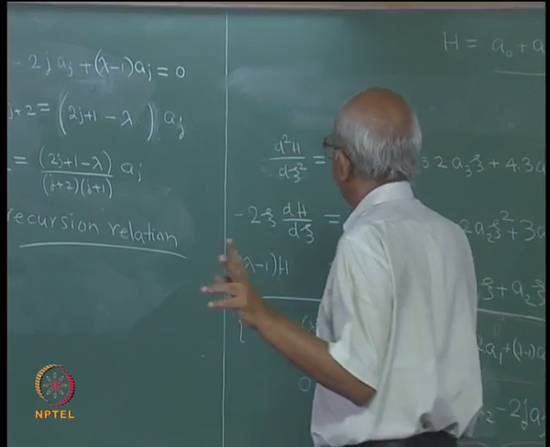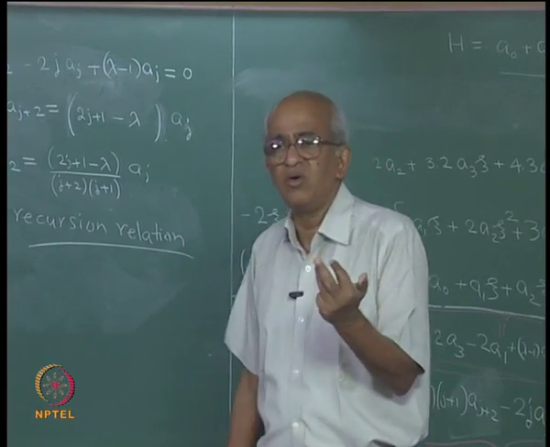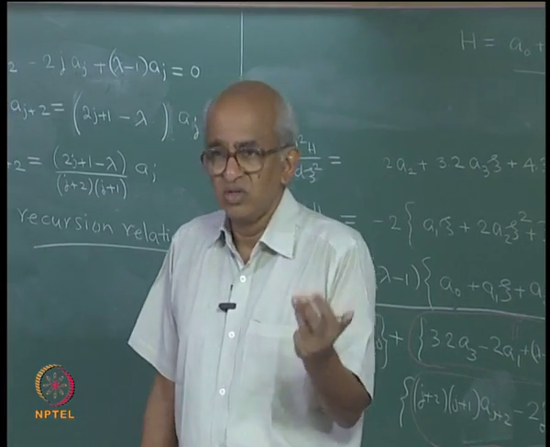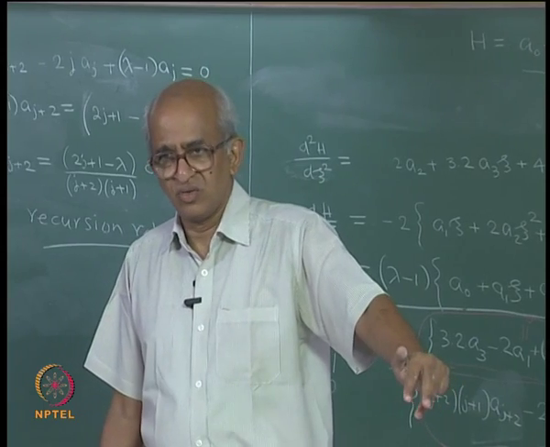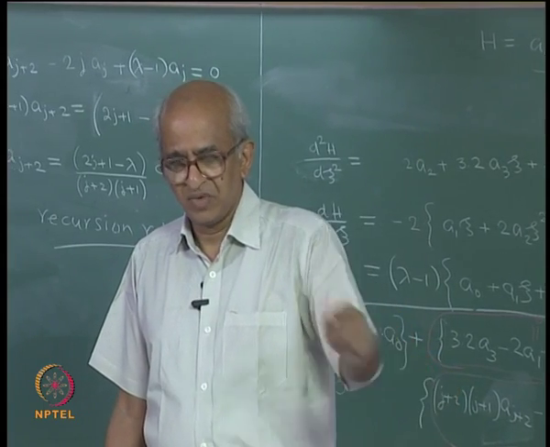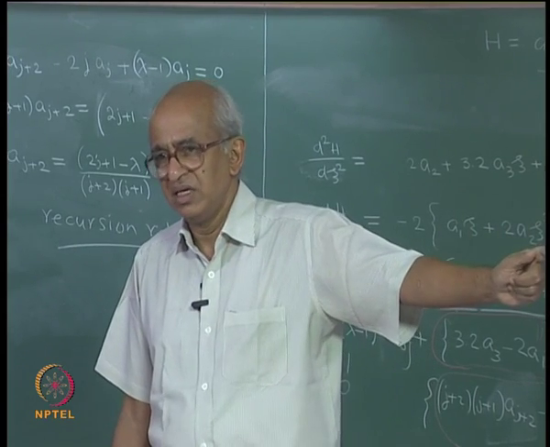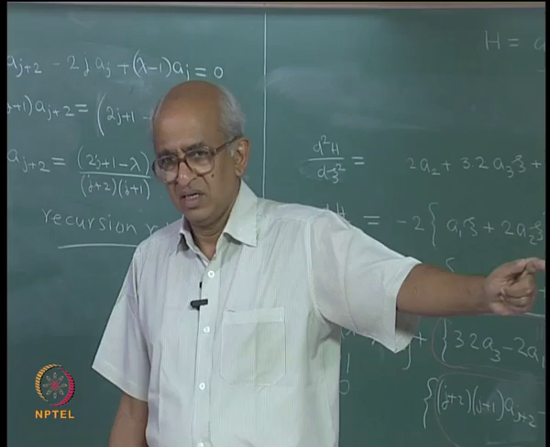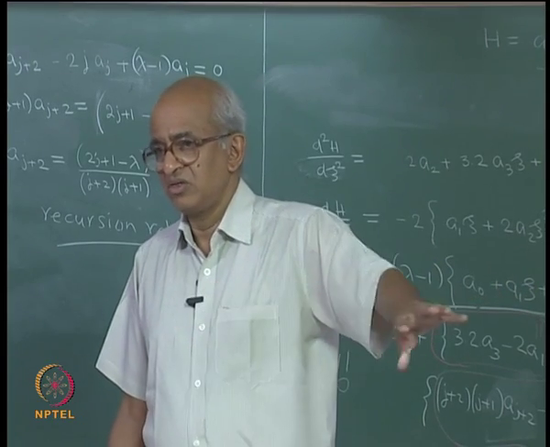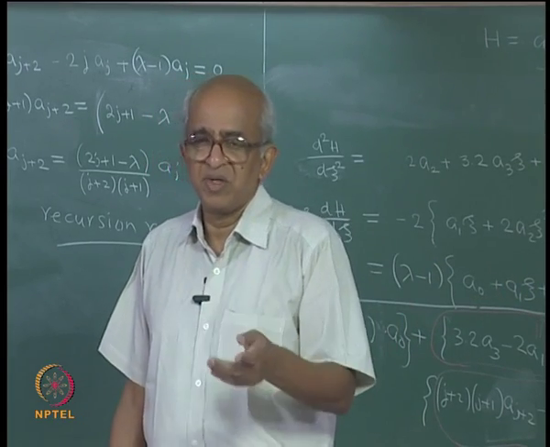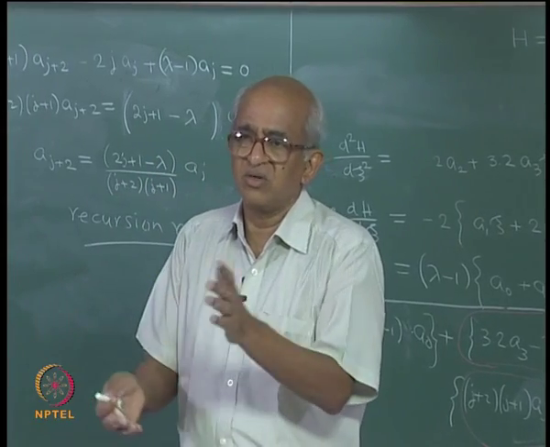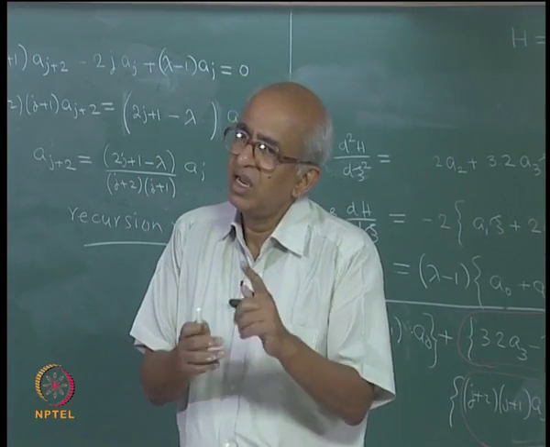So, that means I have two possibilities now. What are the two possibilities? I can put a0 non-zero and a1 equal to 0, right. If I put a0 non-zero, then what will happen? a2, a4 etc. will all be non-zero, and I will get the even solution. Or I have the possibility of putting a0 equal to 0, then a1 is non-zero, and what will happen?